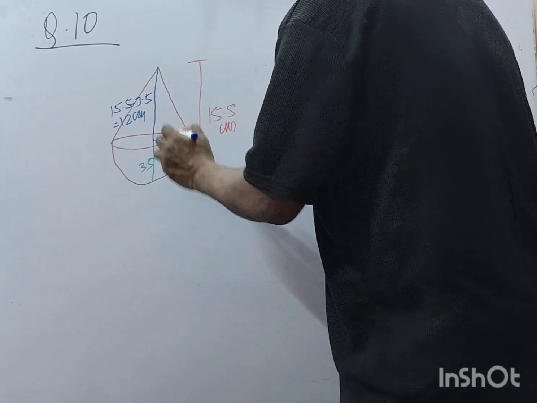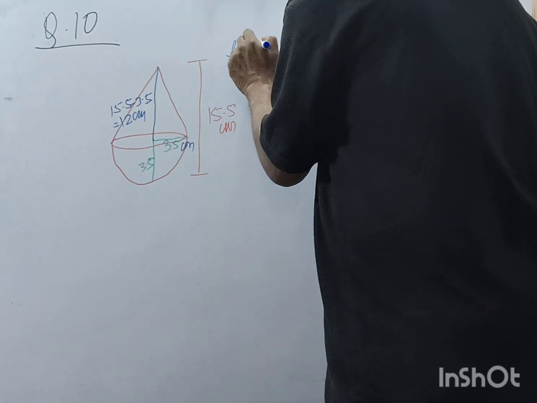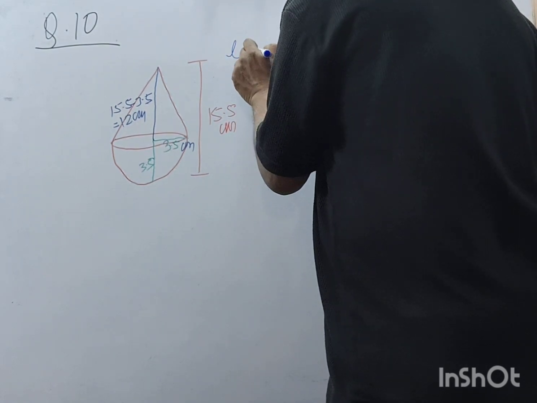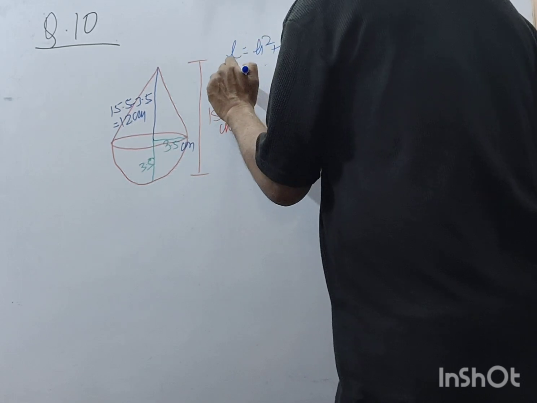Now the CSA. Slant height L is equal to root over h square plus r square.